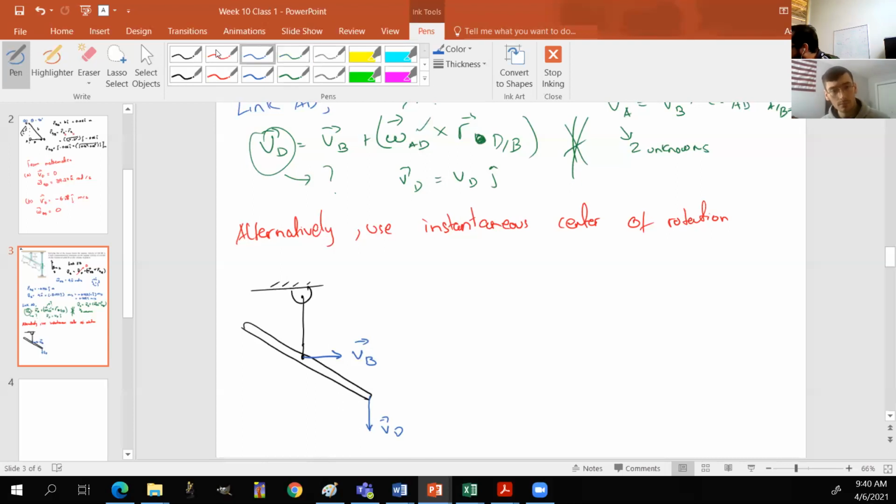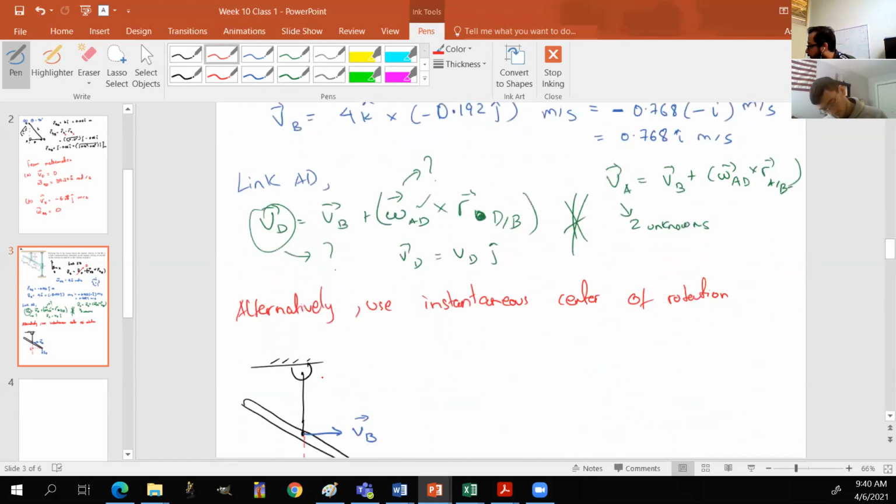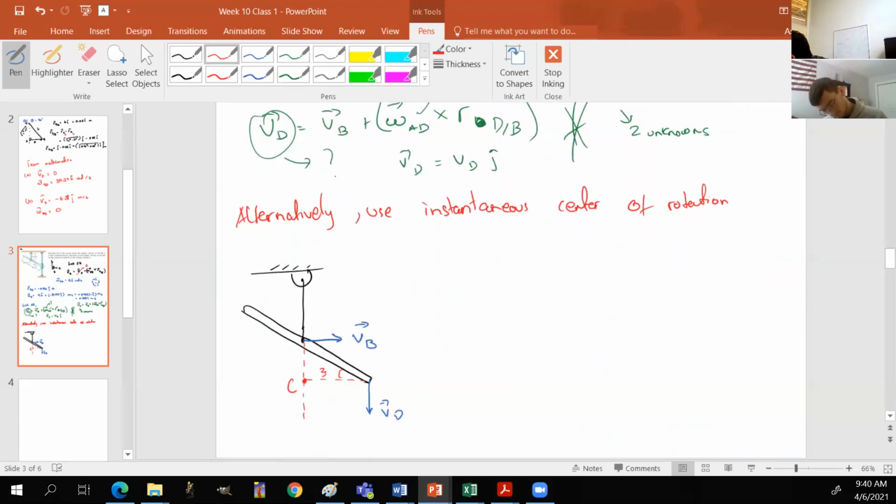All right. Then to find out the instantaneous center of rotation, what we do is you draw the perpendicular from VB, you draw the perpendicular from D. Boom, you get the instantaneous center of rotation. All right, and in the problem statement, we're told that this angle is equal to 30 degrees. And so C was referred to as the instantaneous center of rotation.